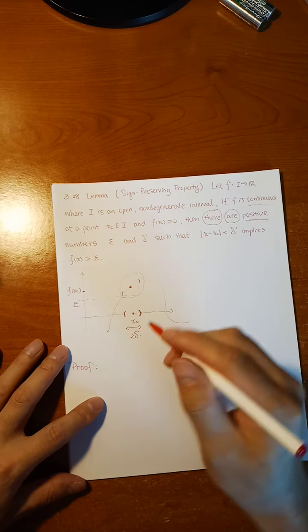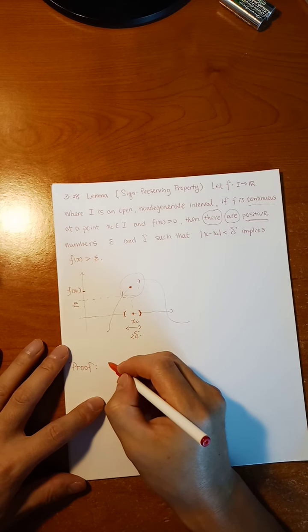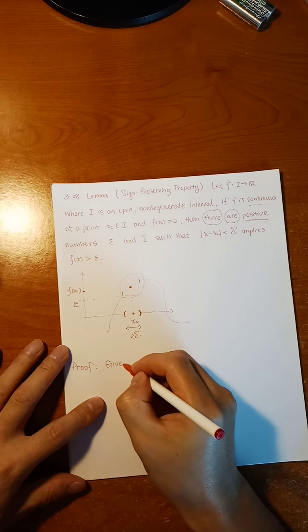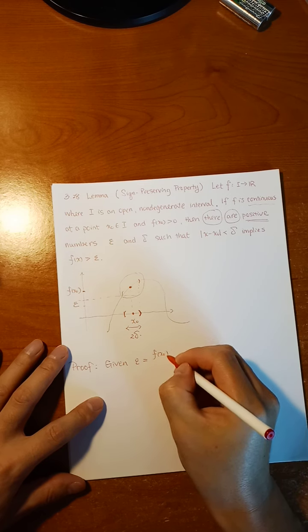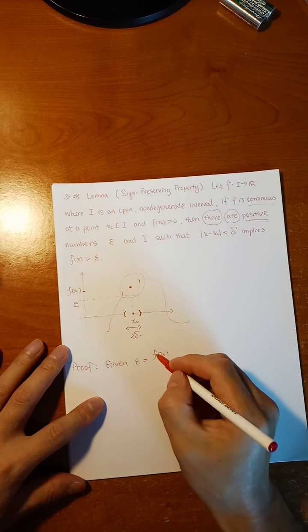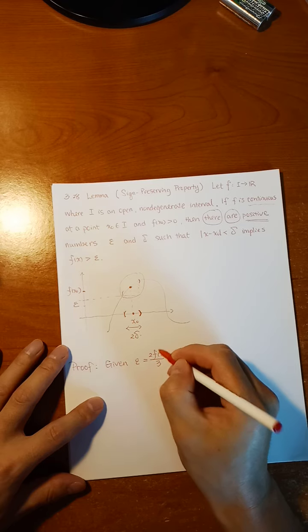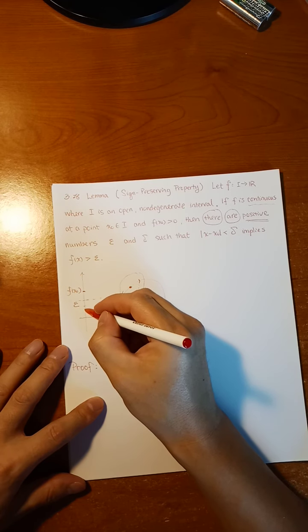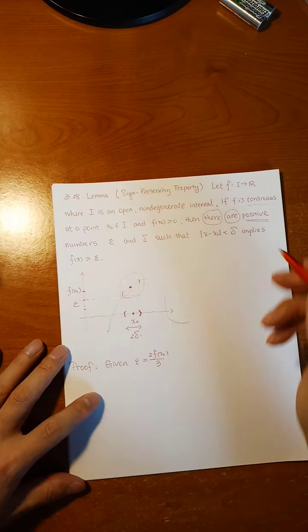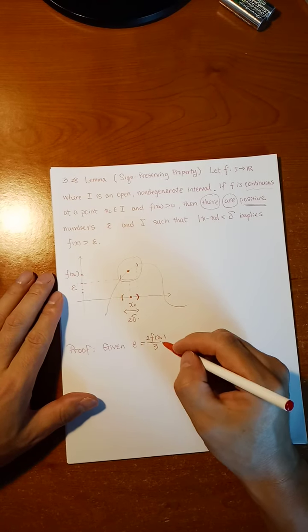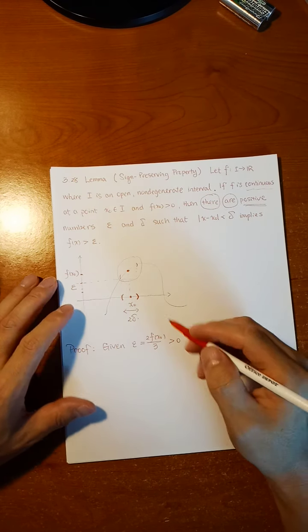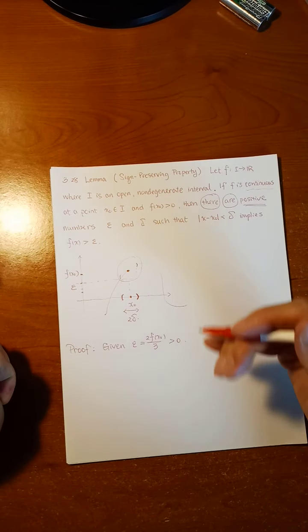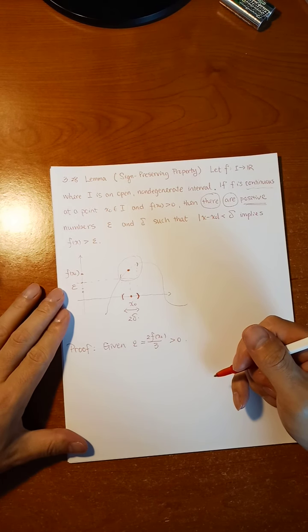Okay, it doesn't matter. But normally here you can say, given epsilon equal to, based on our selection, possibly 2/3 of f(x0), right? My selection is almost 2/3 of f(x0). Anyway, it's just a positive number. It's a reasonably positive number.